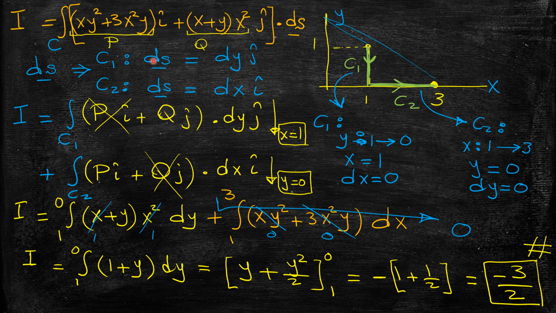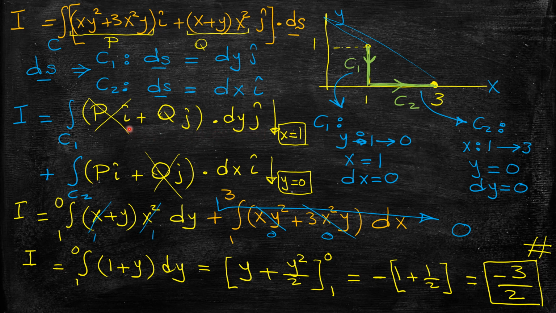Again, just moving through this one very quickly. We have this F, and this is dot ds. We simplified this in the previous slide, but let's do it here in more detail. We mentioned that C1 here is just dy j, C2 is dx along i, and we did this dot product.